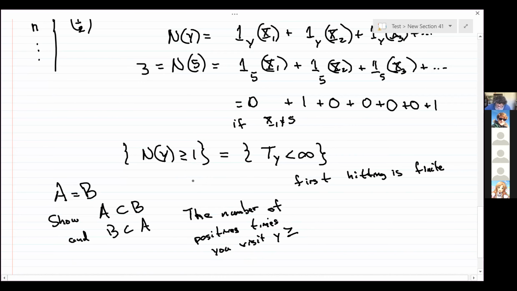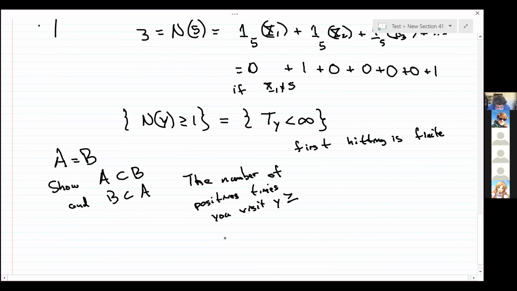So let's pretend that we started somewhere. Call it X. If there's a time that we visit Y, that means X of n equals Y, where n could either be 1, 2, or 3.